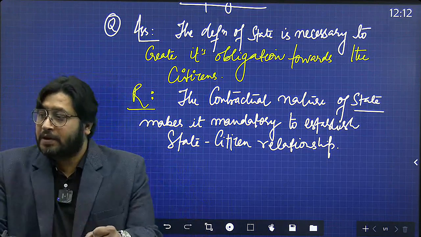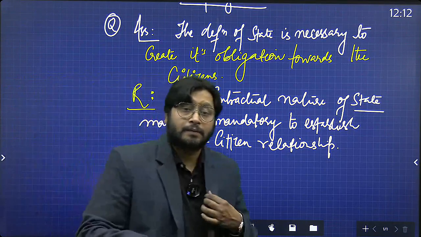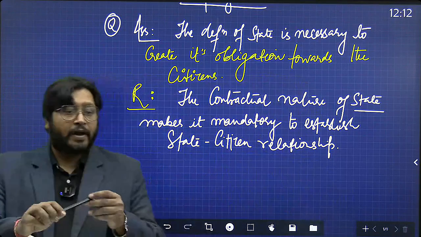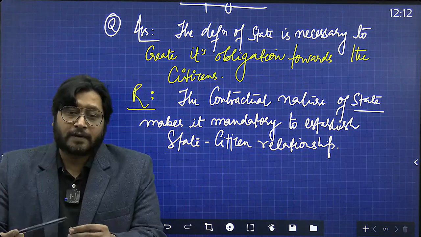You tell me, is it correct or not? Correct. Both here are individually true, right? R is the correct explanation of A.